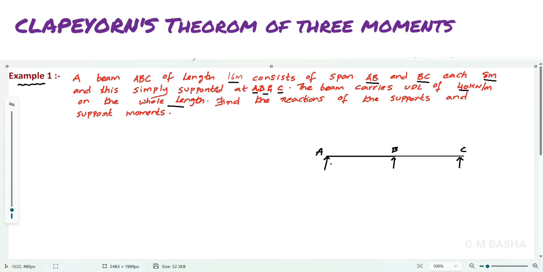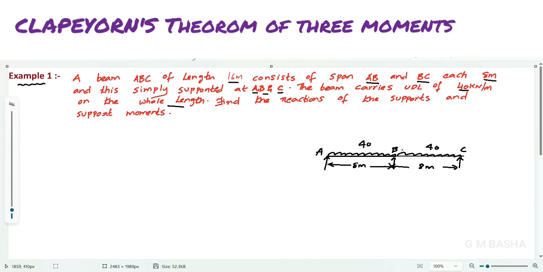The overall span is 16 meters, in which 8 meters and 8 meters are divided here. Both AB and BC consist of 8 meters, and the span carries a UDL of 40 kilonewton per meter over the whole span.